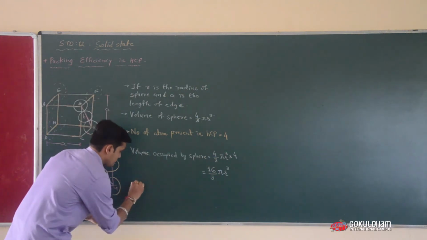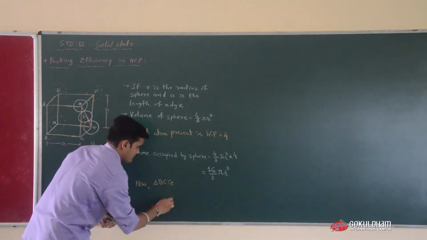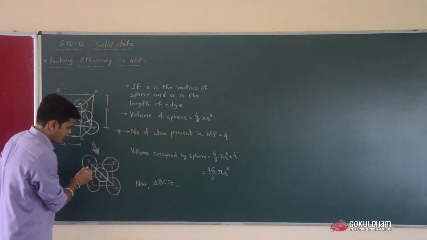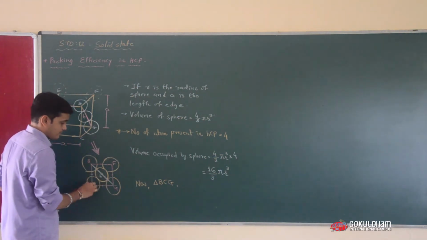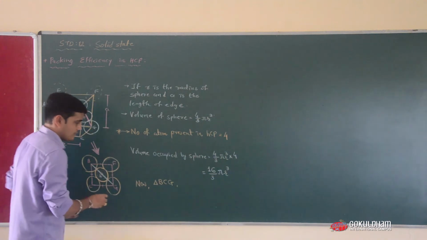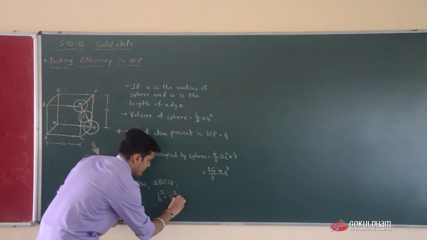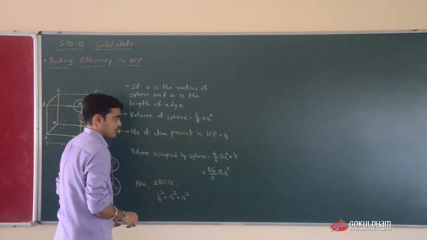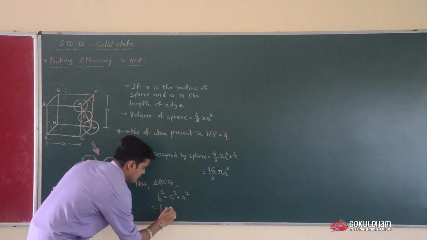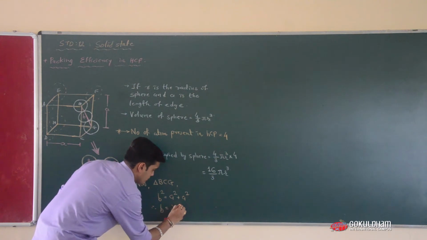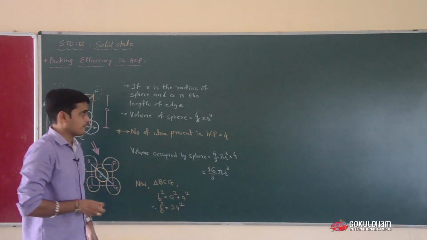Now in triangle BCG, b square is equal to a square plus a square. So we can write here b square is equal to a square plus a square, therefore b square is equal to 2a square.